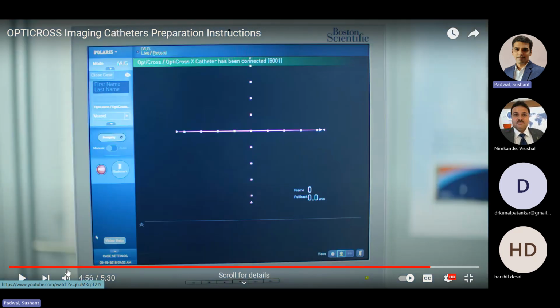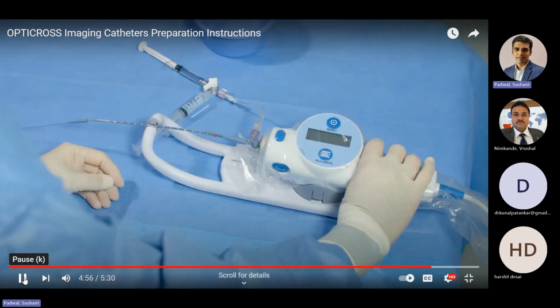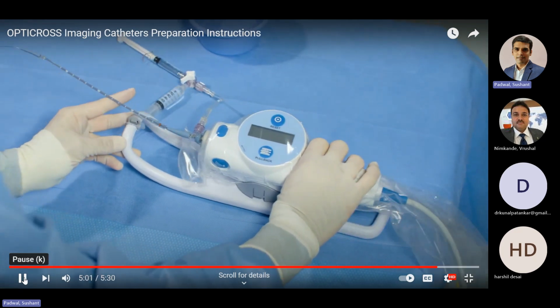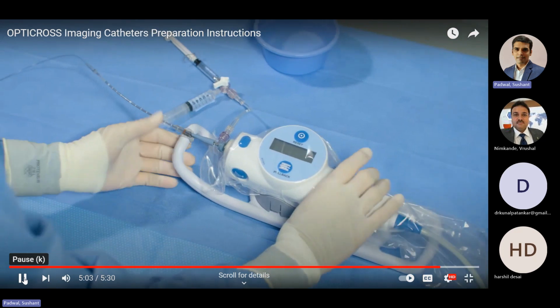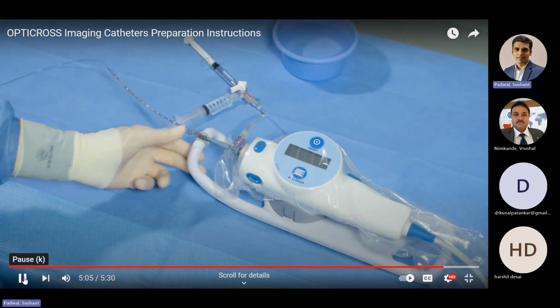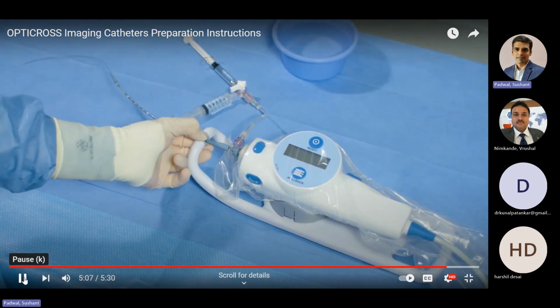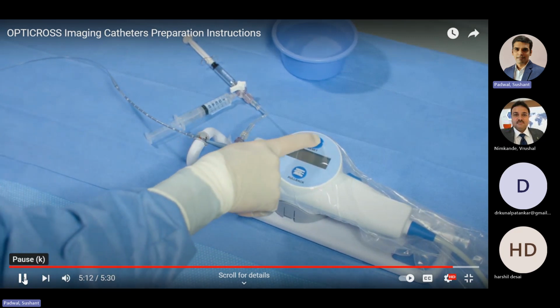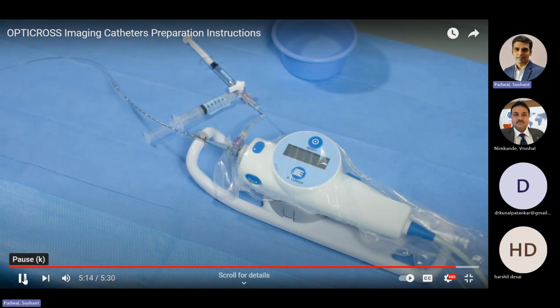Press and hold the pullback release lever and carefully move the motor drive to the forward position while supporting the catheter. Attach the telescope into the automatic pullback sled by clicking it into place. Press the reset button to ensure it reads 0.